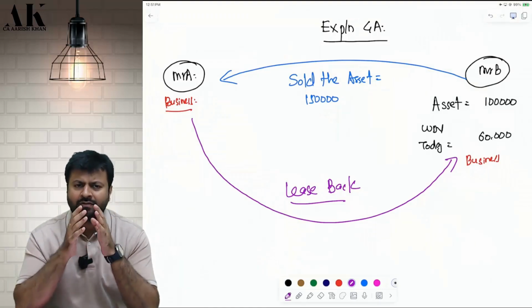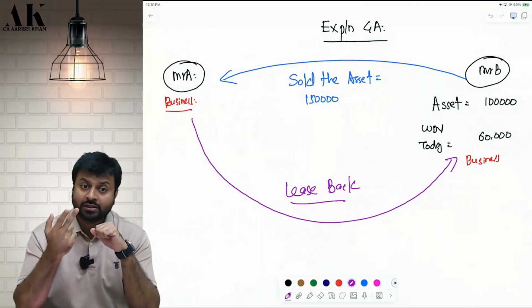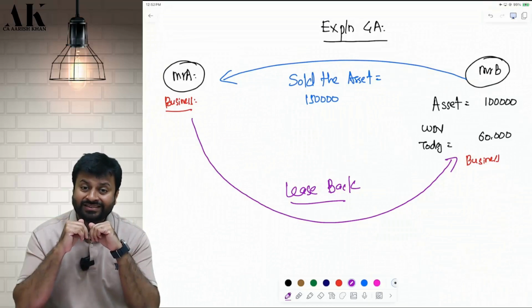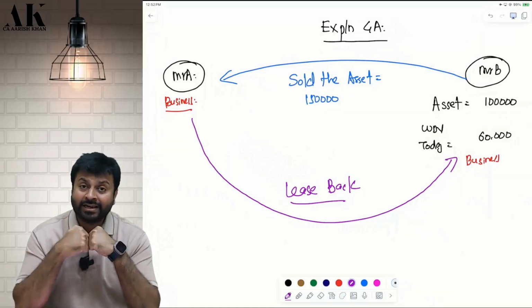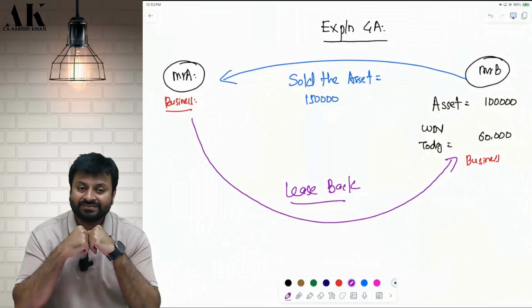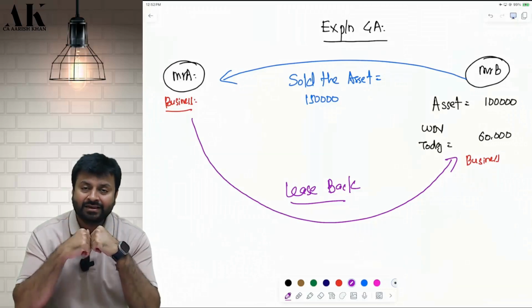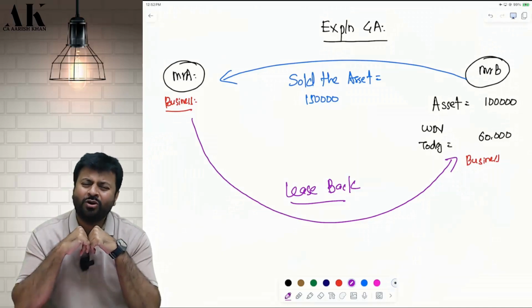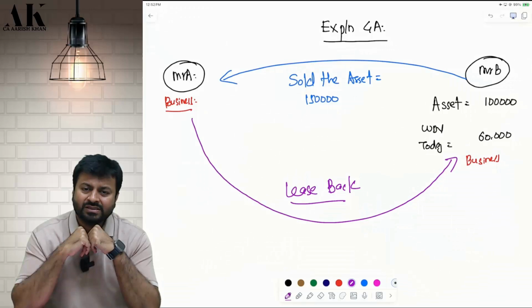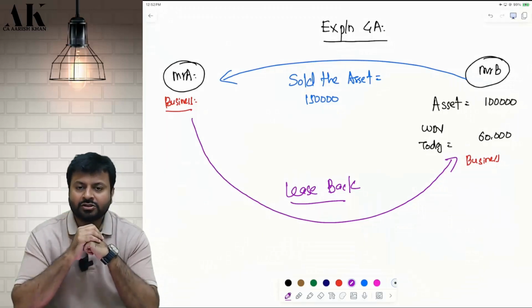What kind of tax advantage will I get? I will get depreciation on 1,50,000 rupees on that asset, correct? Yes or no? And Mr. B will get the deduction of lease rentals, whatever monthly lease he will pay me for leasing the asset. So both of them will take undue tax advantage.